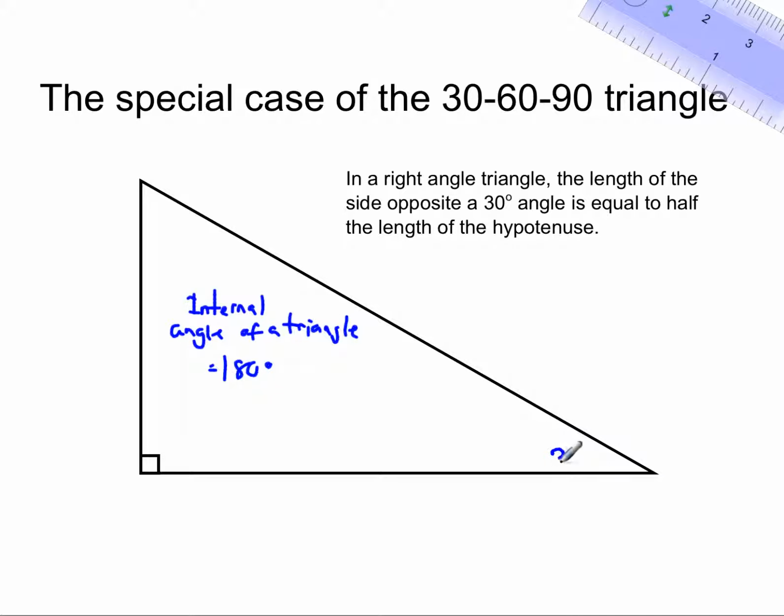So as soon as we knew this one was 30 degrees, we already knew that 90 degrees was over here. So all we needed to think was, well, what's 180 minus 90 minus 30? And the answer was 60. So our third angle had to be 60.